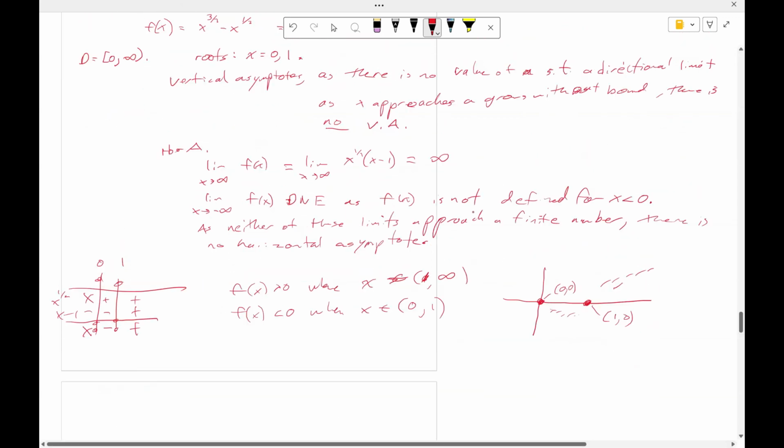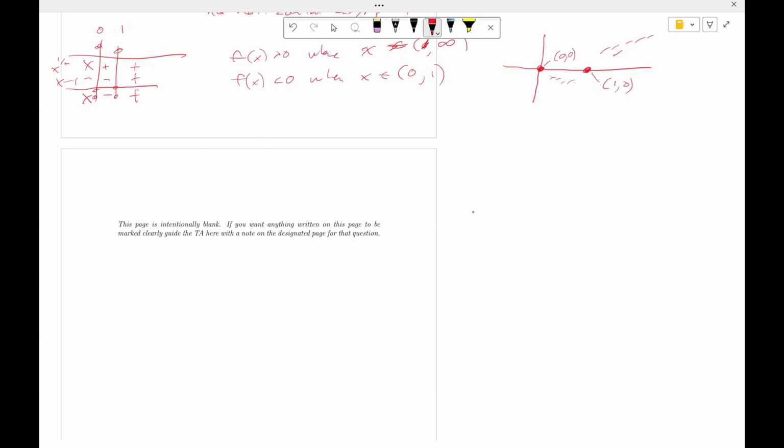So now I'm going to do f prime of x equals, and here I'm going to copy over that f of x equals x to the 3/2 minus x to the 1/2. So this becomes 3/2 x to the 1/2 minus 1/2 x to the minus 1/2. Okay?